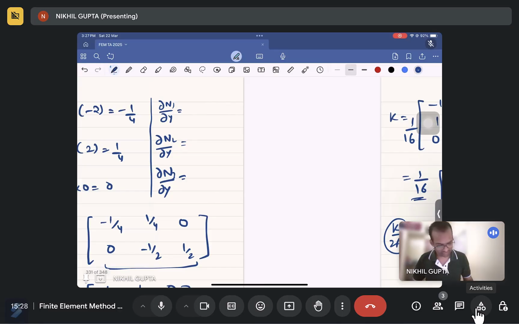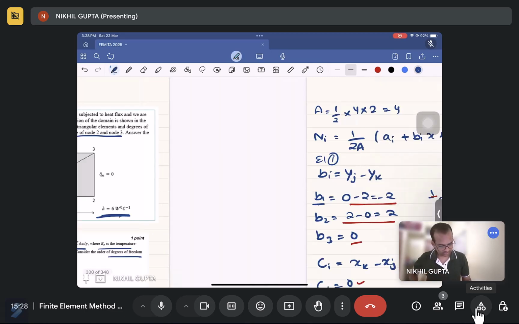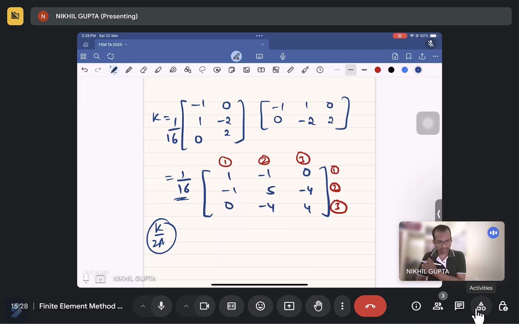K is the flux, I think it is given. K is this. This is given here. Yes, 6 is given, you have to multiply that as well. Yeah, 6 has to be multiplied. But since I was doing for one element, 6 directly we can multiply here. Okay. Area also has to be multiplied, no? 6 by 2A.